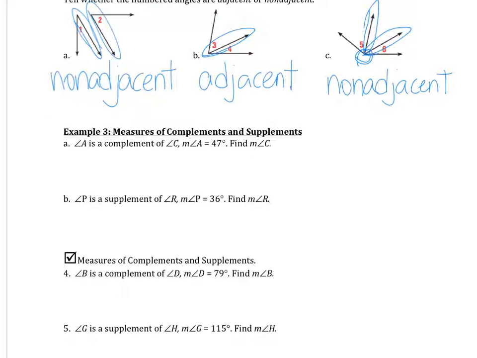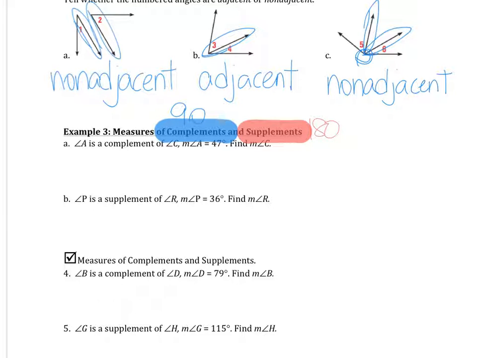In our next example, we're going to give measures of complements and supplements. Remember, complements must add up to 90, and supplements must add up to 180. So first example, it says A is a complement.